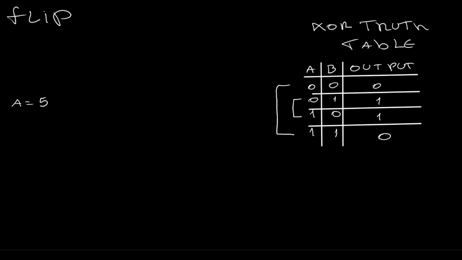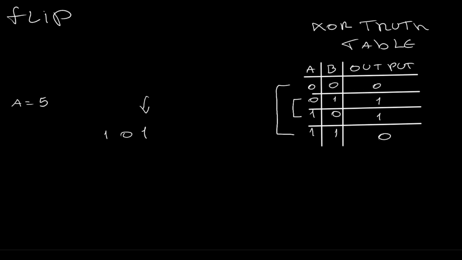Let's say that I have the same variable a that holds the value 5, and we know that the value 5 in binary is 1, 0, 1. Let's say that I want to flip this first bit.